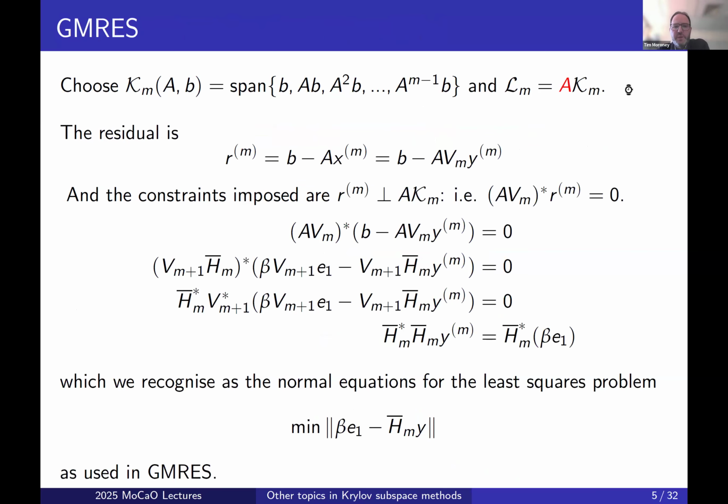Now, GMRES, which was our main method for solving linear systems, actually uses L equal to A times K. Okay, so we didn't derive GMRES in this way. GMRES has got the min res in it, right? So it's the generalized minimum residual. So sure enough, we derived it and motivated it by minimizing the residual.